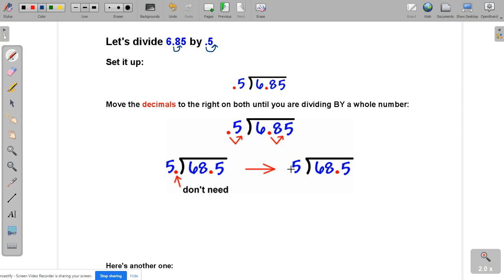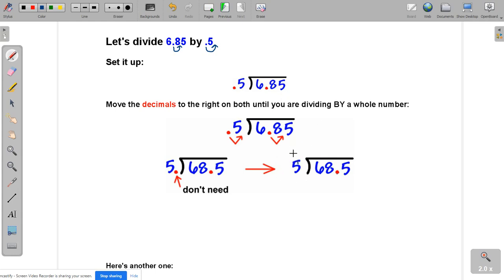So then we have a whole number, 5 instead of 0.5, and then we move the decimal to between the 8 and the 5 in this problem. So instead of having 6.85 divided by 0.5, we're dividing 68.5 by 5.